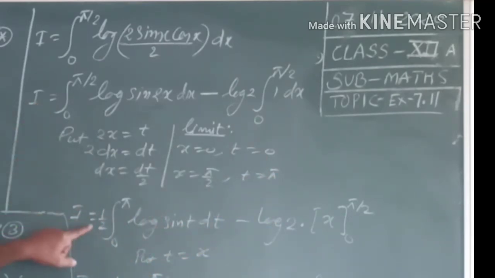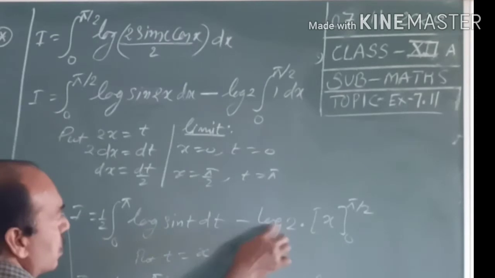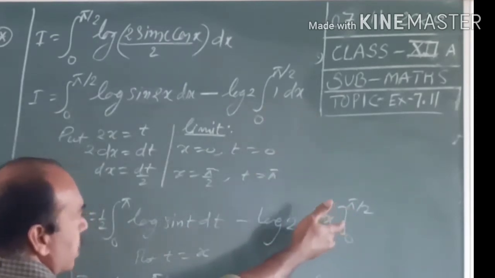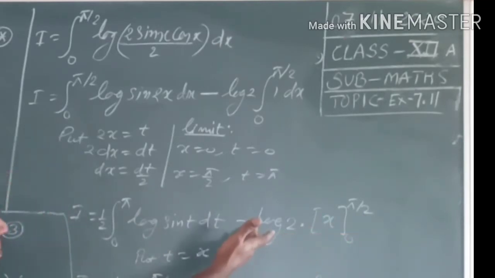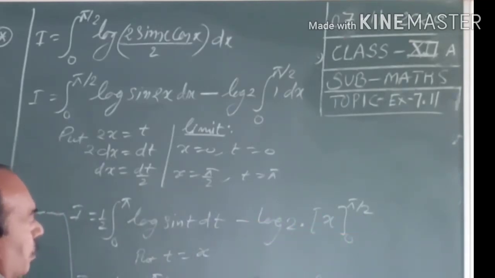So integral I is 1 by 2, from 0 to pi of log sin t dt, minus log 2 times the integral of 1, which is x. Applying the limits, upper limit minus lower limit, only pi by 2 remains. So write pi by 2 first, minus pi by 2 log 2 here.